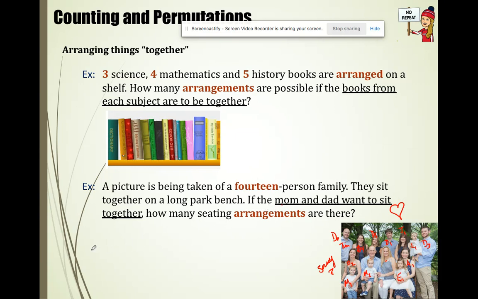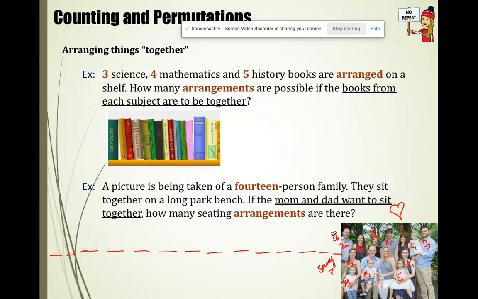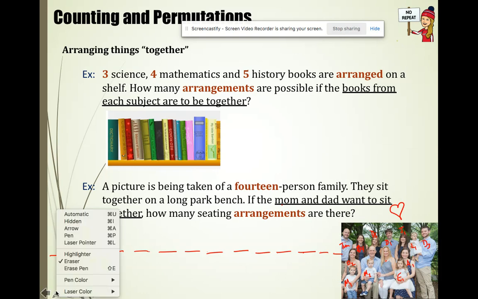Now I have 14 people, so 14 seats. 1, 2, 3, 4, 5, 6, 7, 8, 9, 10, 11, 12, 13, 14. So there's 14 places to sit on the bench.